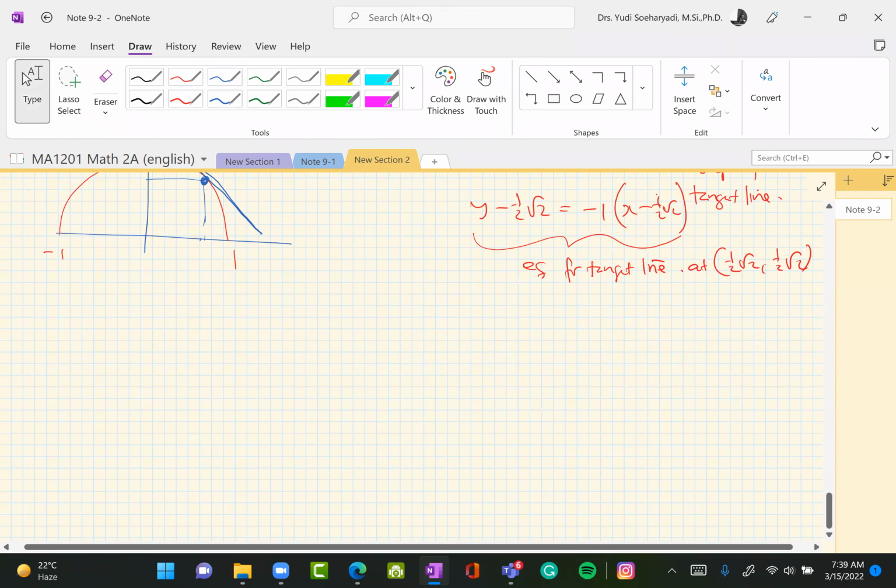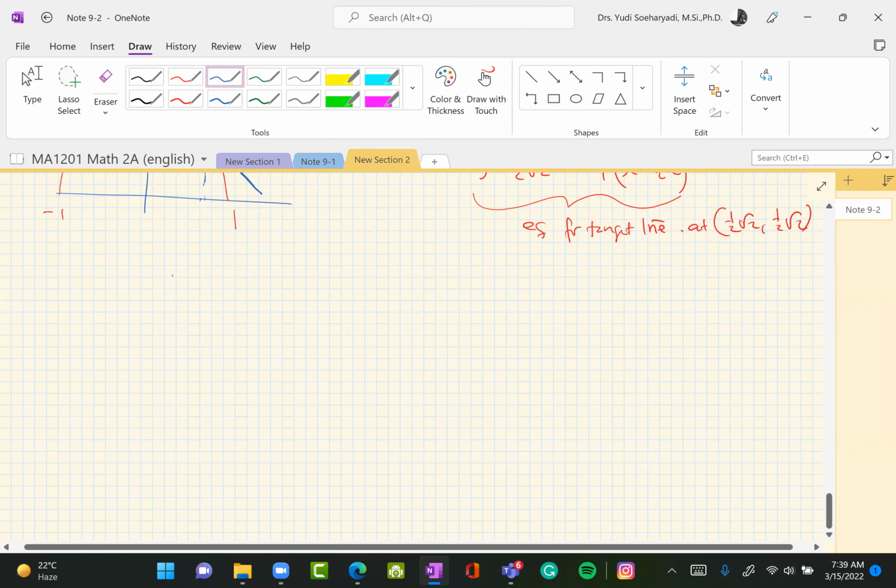Okay, and one more thing. Suppose we have a parametric representation of a graph of a function, and you can try to find the area parametrically. So this is like f of x.